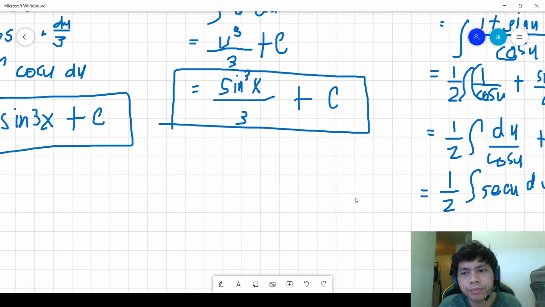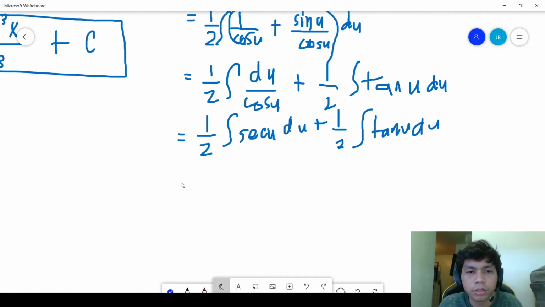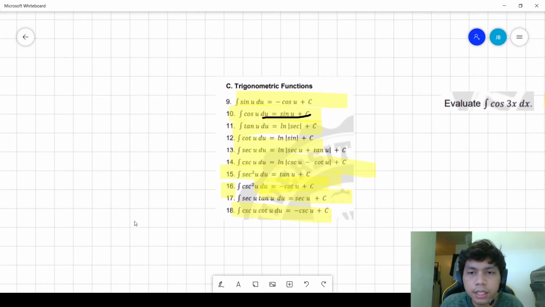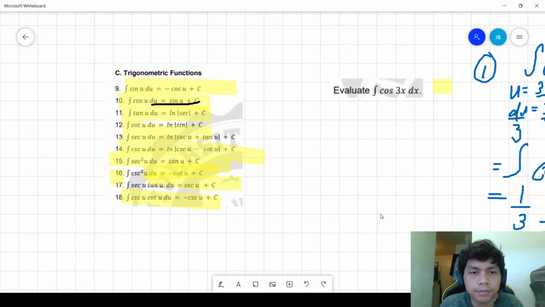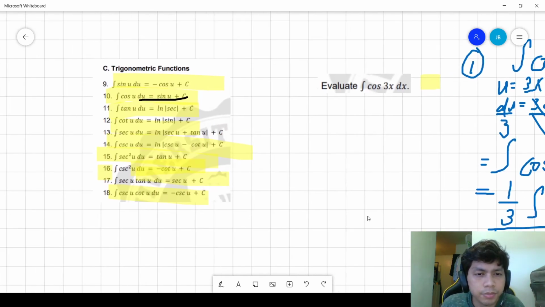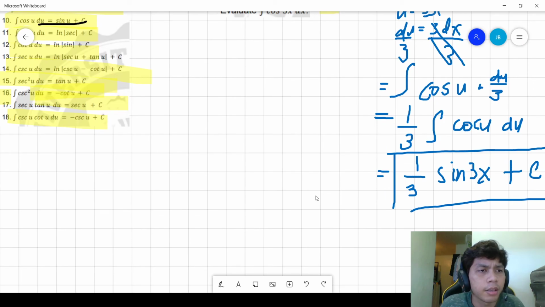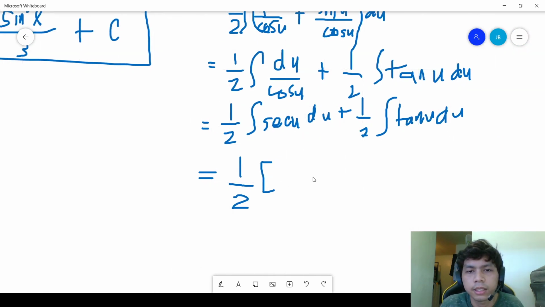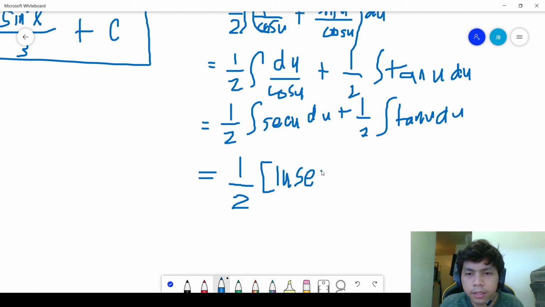So this would be 1/2 times, is it positive or negative? Let's see. Okay, that's positive. Positive ln of sec u plus tan u, plus another 1/2 ln of sec u plus tan u.